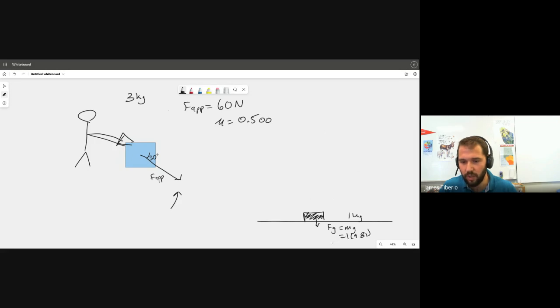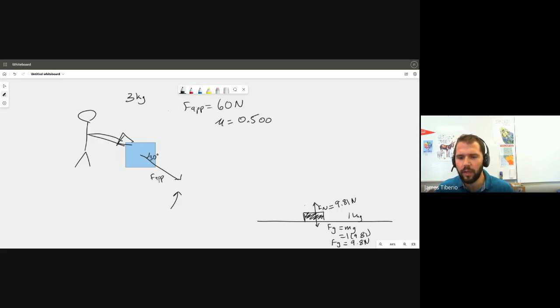And of course, you can see that the force of gravity the block experiences is 9.81 newtons. Since it's not sinking through the floor nor floating away, the normal force, the force the floor must exert on it, has to be equal to the force pulling it down, 9.81 newtons. So they must be equal.